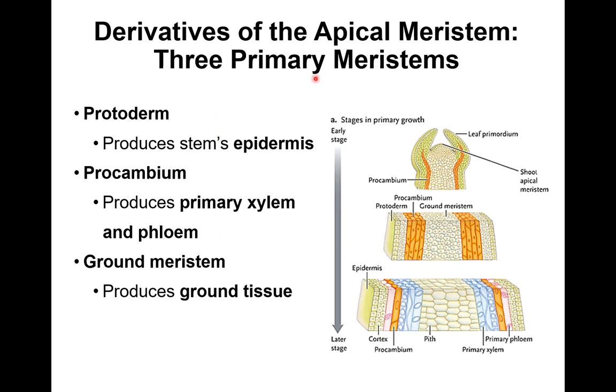This is referred to as primary growth, so these tissues are referred to as primary tissue, so primary xylem and primary phloem. And then the ground meristem here will form the ground tissue, which will ultimately cause the formation of the pith. These will be parenchymal cells, then you would have sclerenchymal cells formed here as well. So it will form ground tissues here.